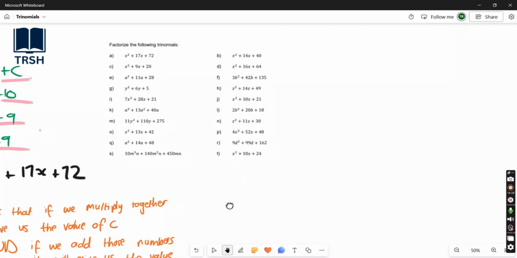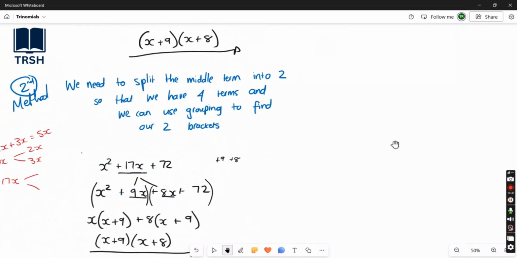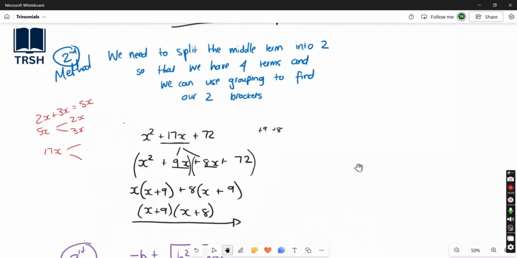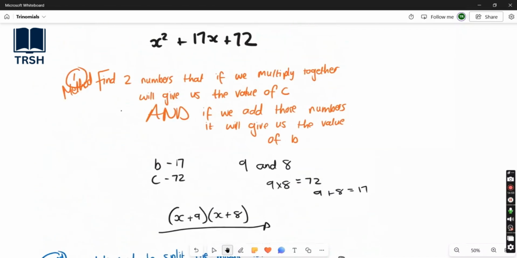So in order for you to do a good job, method 3 will be ideal. I'm not trying to force anyone to use method 3. That is not what I'm saying. I'm just showing all three so that you guys can pick whichever one you are comfortable with. So that is when it comes to our trinomials.